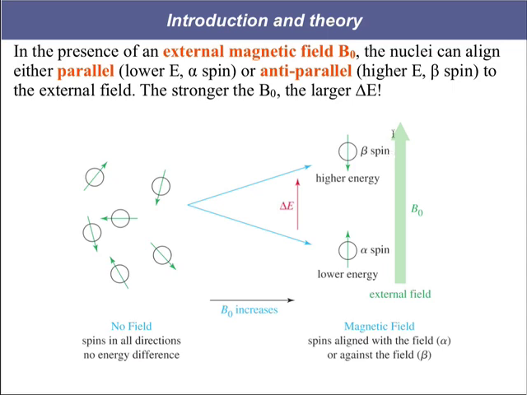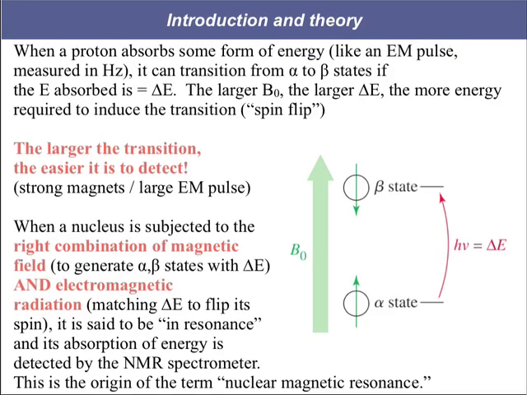So the stronger the magnet that we can apply, the bigger the difference in energy between the two spin states, which means that we'll have louder, more visible transitions as our nuclei transition between the alpha state and the beta state. So all we have to do then is allow the nuclei to absorb some form of energy so that it can transition between the alpha state and the beta state.